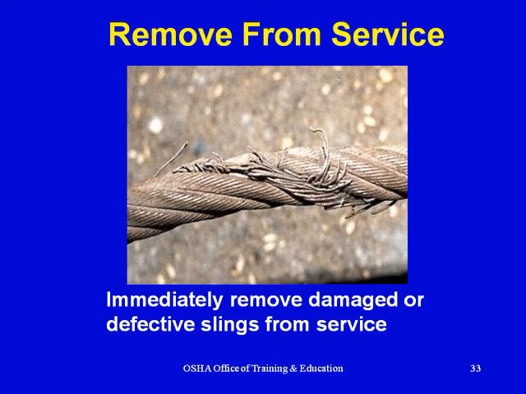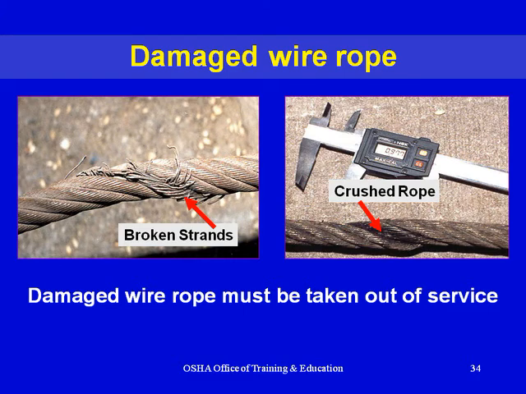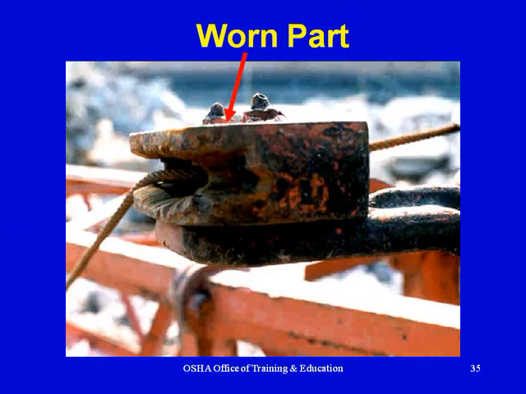Immediately remove damaged or defective slings from service. Damaged wire ropes. Damaged wire ropes must be taken out of service. Example of broken strands, crushed rope. An example of a worn part.